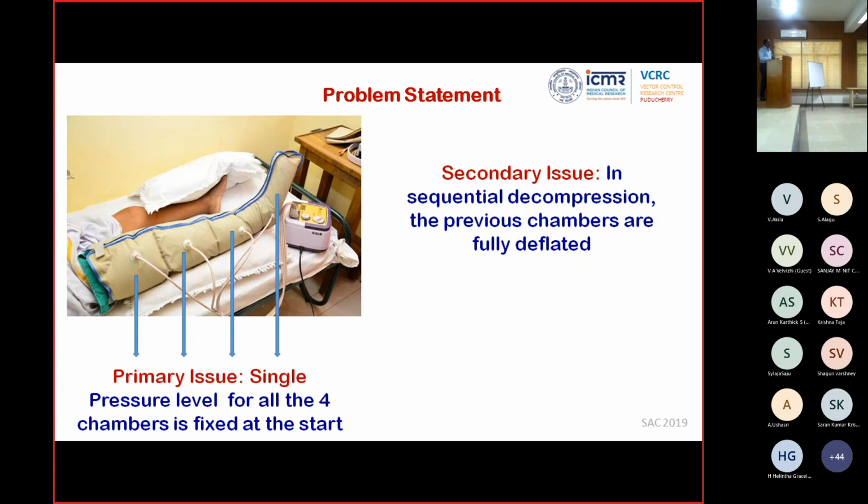So the problem here is in sequential decompression therapy. And this is an analog machine, whatever we have here. The primary issue here is that the pressure in the compartments or the sleeves is fixed before we start the therapy. Either 20 mm of mercury, 30 mm of mercury, or 35, whatever it is. The doctor decides that for this level of lymphedema, you give 20 mm or 30 mm.